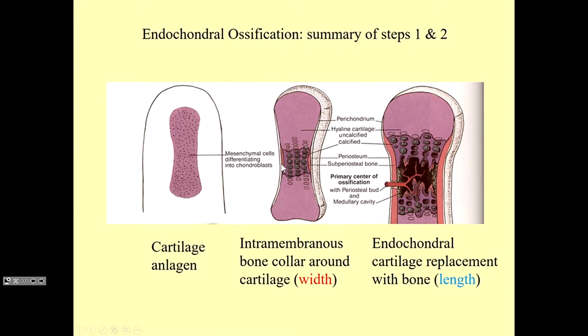Then we get invasion of the cartilage template with blood vessels, and that facilitates the replacement of the cartilage with more mature bone. So that would be the endochondral cartilage replacement with bone. And that endochondral ossification is important for elongation of bone, for growth in stature.